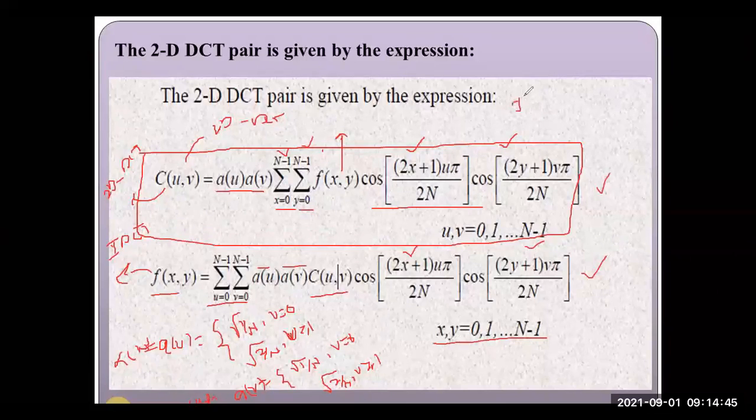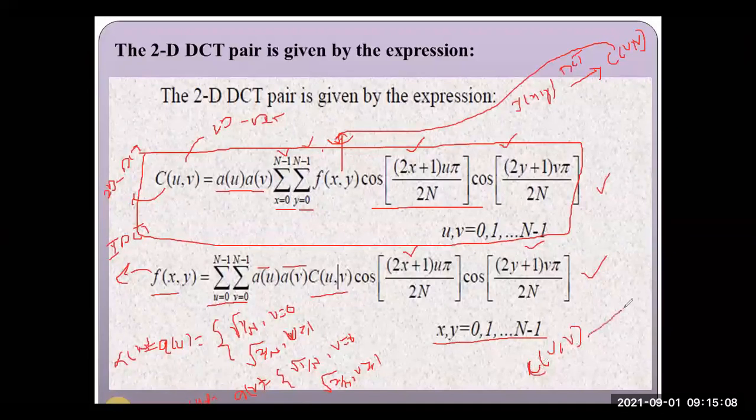Suppose an image f of x,y is given. If I talk of DCT, discrete cosine transformation, then it will be represented by C of u,v, and its mathematical formula can be derived from this equation. Similarly, if C of u,v, the frequency domain, is given, I will apply the inverse discrete cosine transformation.